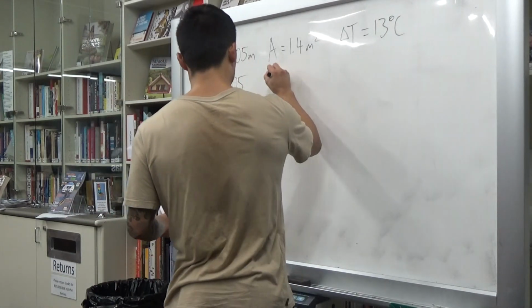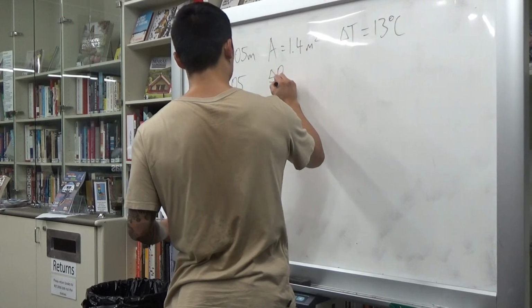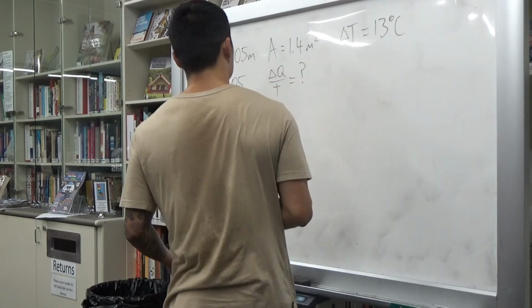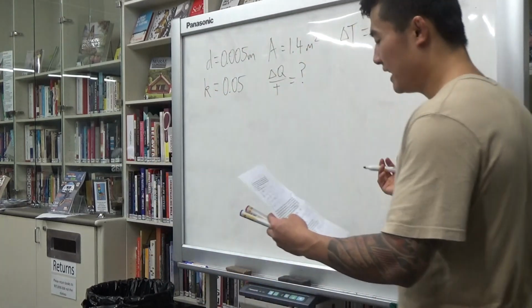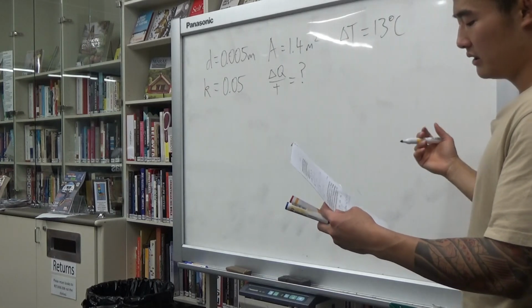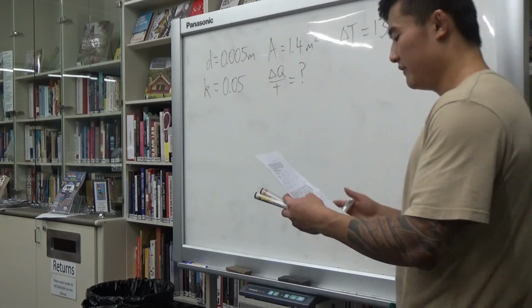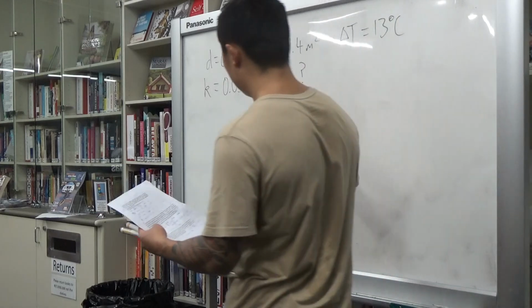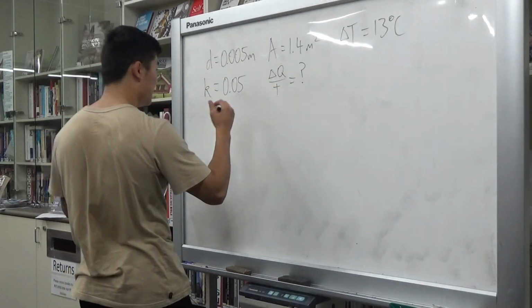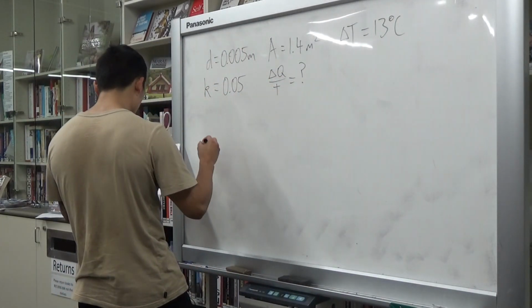And we want to find the rate of heat transfer, delta Q over T. Okay. So here we don't have to worry about convection or the surface. So this one's a little bit simpler. So I should have put this one first actually.